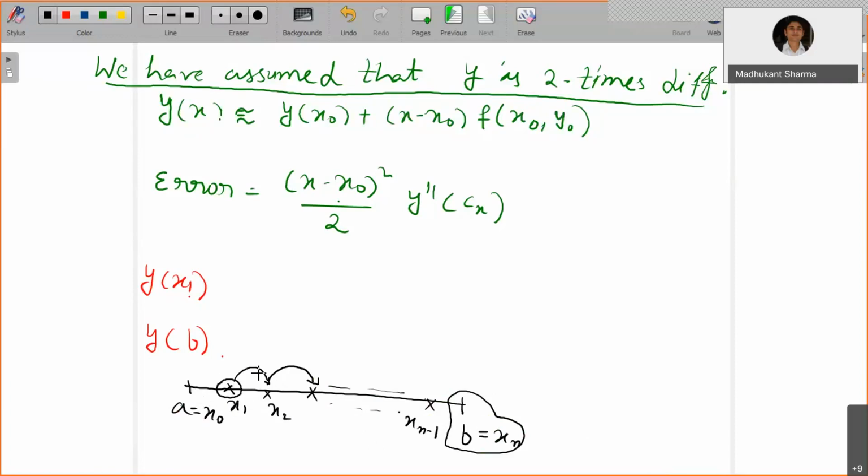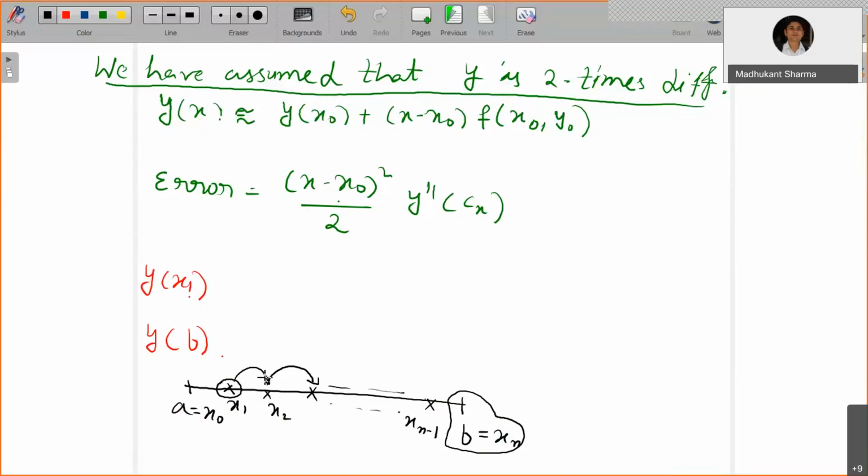Similarly, the step size should be sufficiently small. But what is happening here more? There is not much error between y at x1 and y at x0, because y at x0 is the exact value. So y at x1 will have some round-off error. Then if you go to y at x2, that will also add up here.